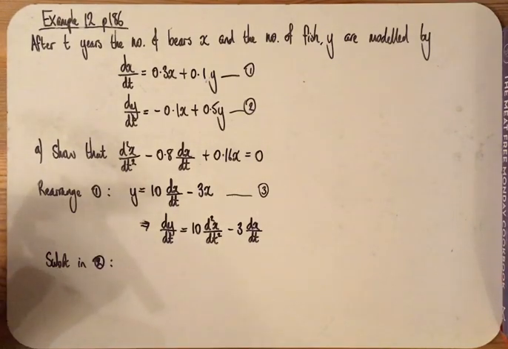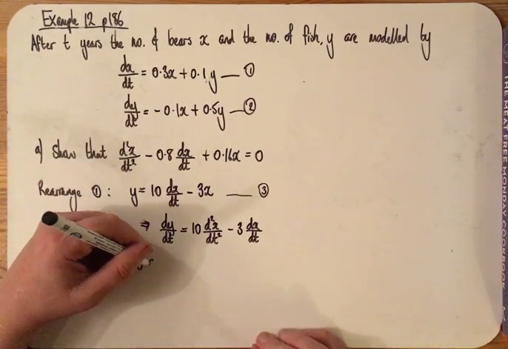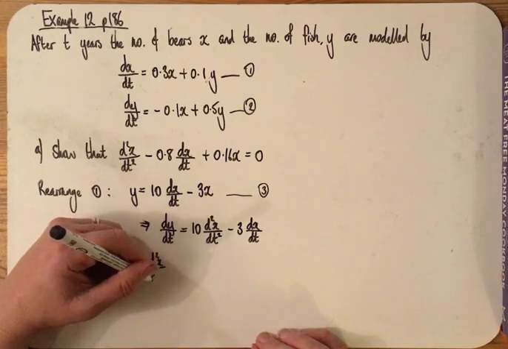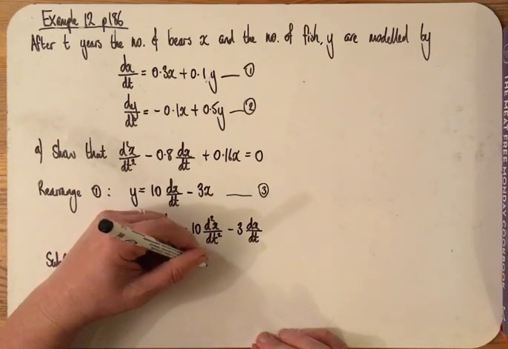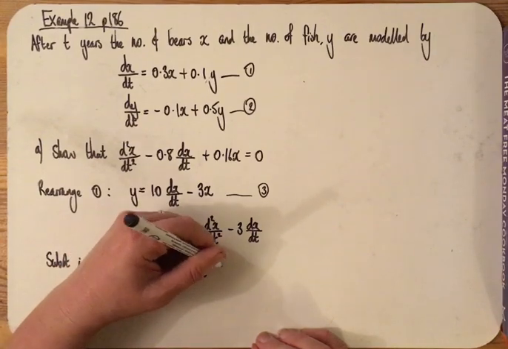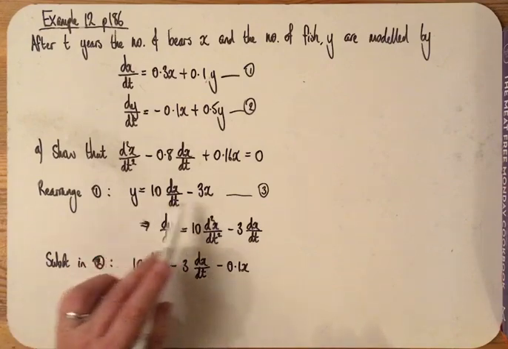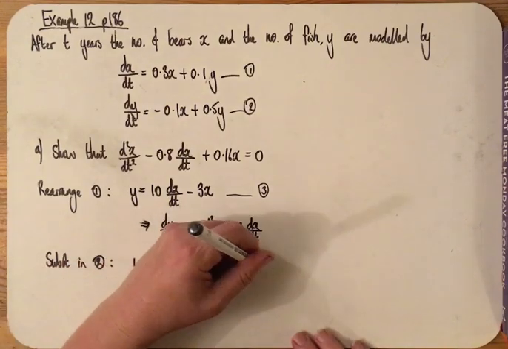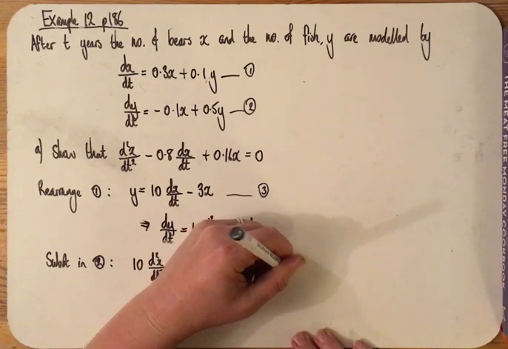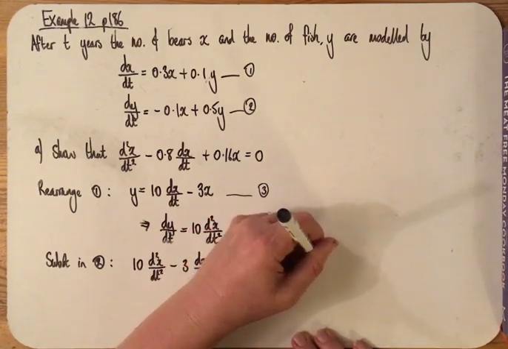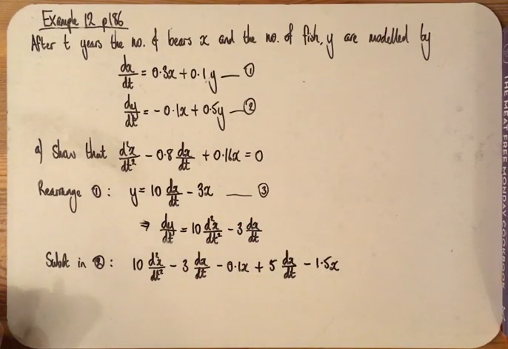And so substituting in here, 10 lots of d2x/dt squared minus 3 dx/dt minus 0.1x, and then multiplying this through by a half, so plus 5 dx/dt minus 1.5x takes you to there.